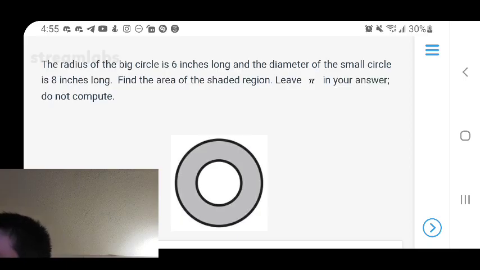So I do R equals 6. Or just make a line. This is 6. The diameter of the small circle is 8.